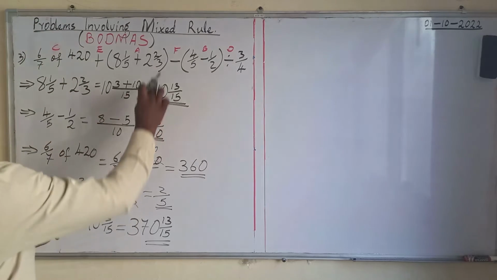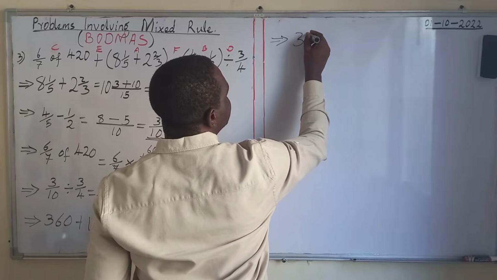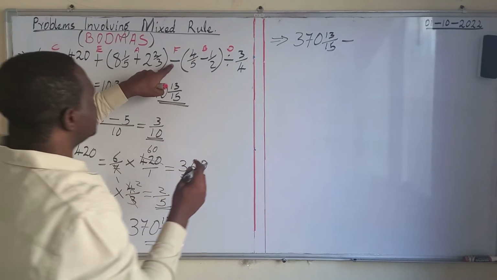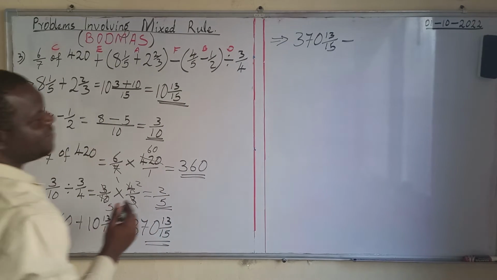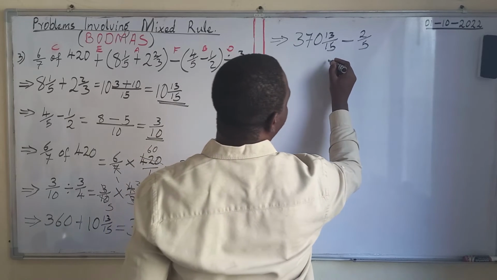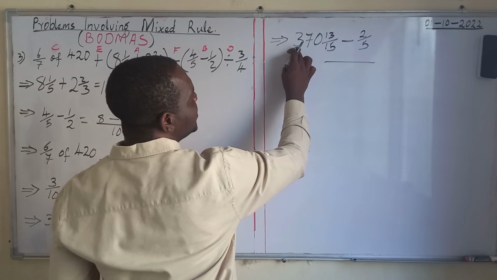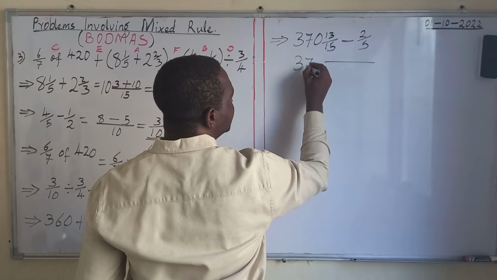And the last, F, means we take all what we have solved this way: 370 and 13 over 15 minus, to the right, 2 over 5. At this level, we can find the LCM because the denominators are different. Before we do that, 370 minus 0 will remain 370.